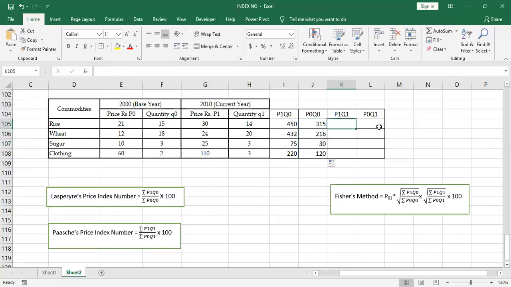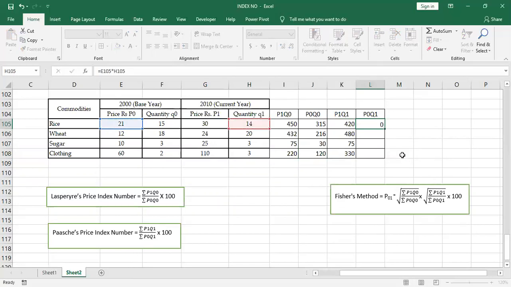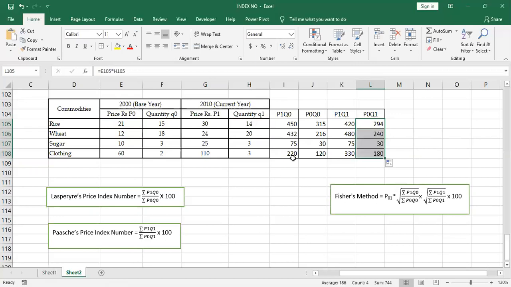Same will be taken for P1 Q1: 30 into 14. P naught Q1: P naught is 21 into Q1, which is 14, 294.